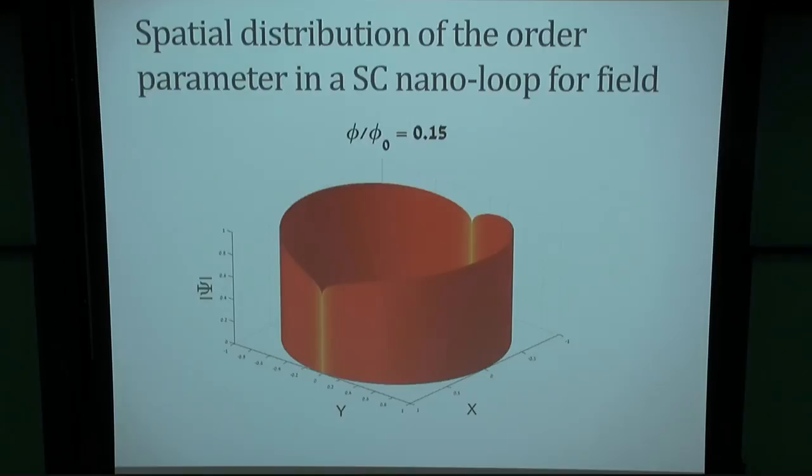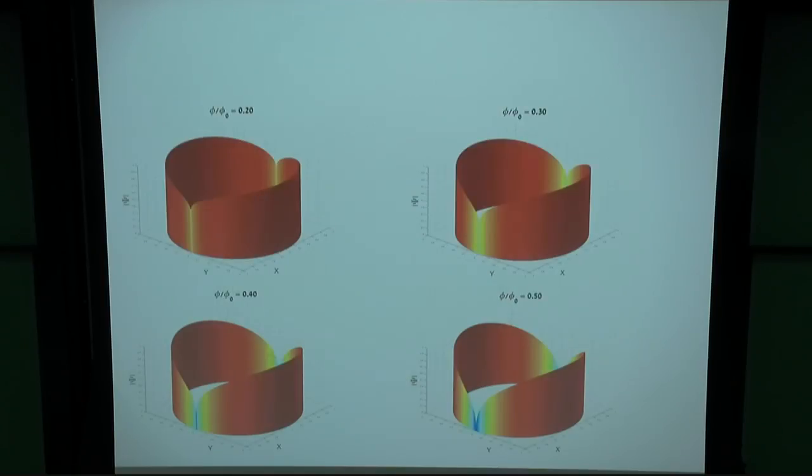So you see that at low fields, at zero field, it's of course homogeneous, but later on, it's becoming more and more non-homogeneous.